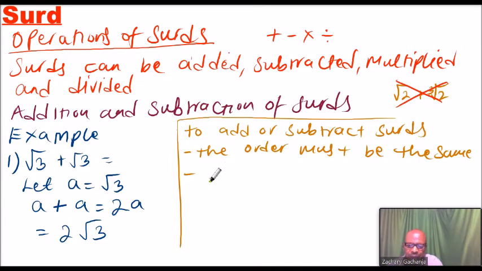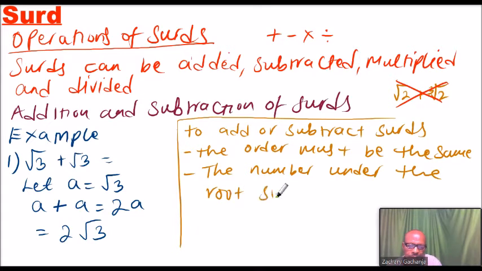The other thing we consider is that the number under the root sign must be equal. That is, you cannot add root 3 plus root 2.